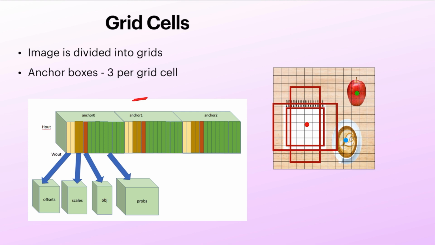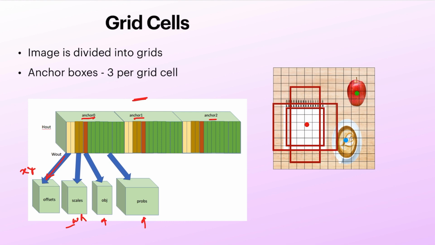So now each grid cell has 3 anchor boxes, right? Anchor 0, anchor 1 and anchor 2. So for each and every box, you have offset values which are XY coordinates and scales which are width and height. So these 4 values include the bounding box value, and along with that there is an objectness score. Along with that, these are the class probabilities.